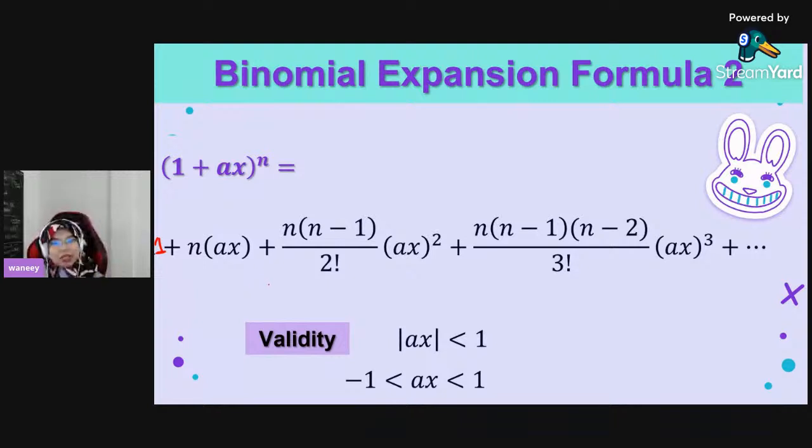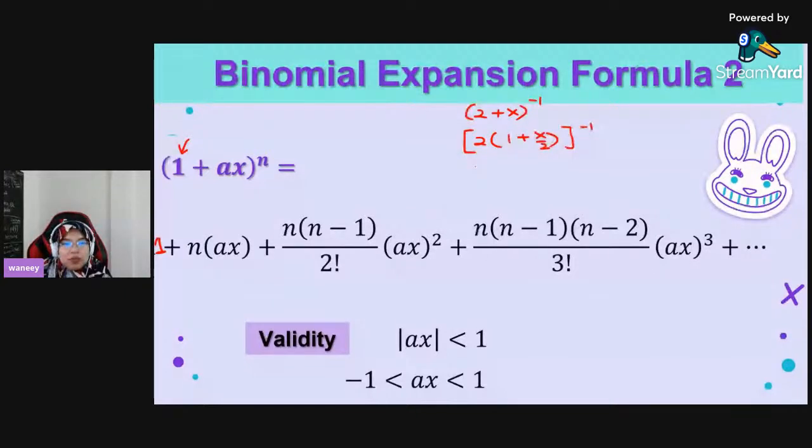Okay, so for this binomial expansion formula, if you look at it very carefully, the first digit is always 1. Definitely 1. What if the digit is not 1? For example, if you have (2 + x) to the power of -1, the number is not 1. So what should you do? Factorize out. So 2 times (1 + x over 2), and then everything to the power of -1.